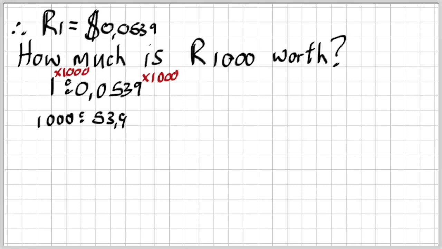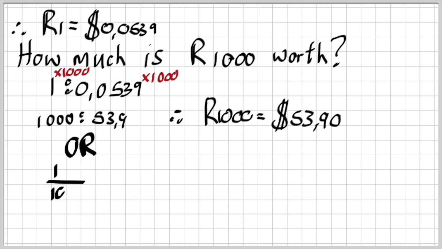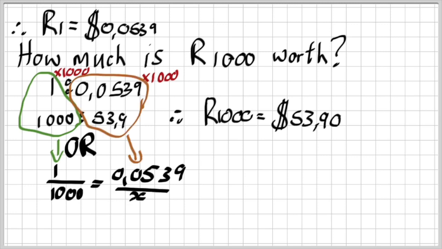But what I would like you to do is to actually give you some mathematical tools so that when the sums become a bit more difficult, you are actually able to do it. So the alternative is that when we look at that 1,000 Rand, I can actually go and write it as a ratio. 1 over 1,000 is equal to 0.0539 over x, because that's the one I'm looking for.